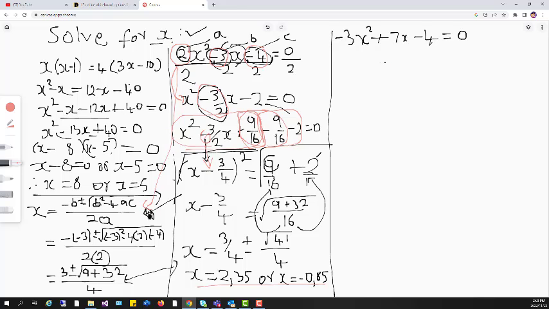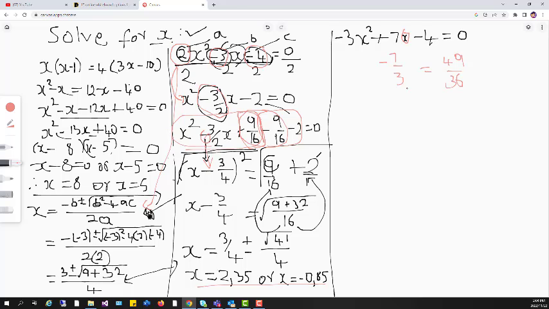That means you're going to have -7/3 as the coefficient of x. Then you would have to divide that by 2 and square it. It will then give you 49/36, if I'm not mistaken, after dividing by 2 and then squaring it.